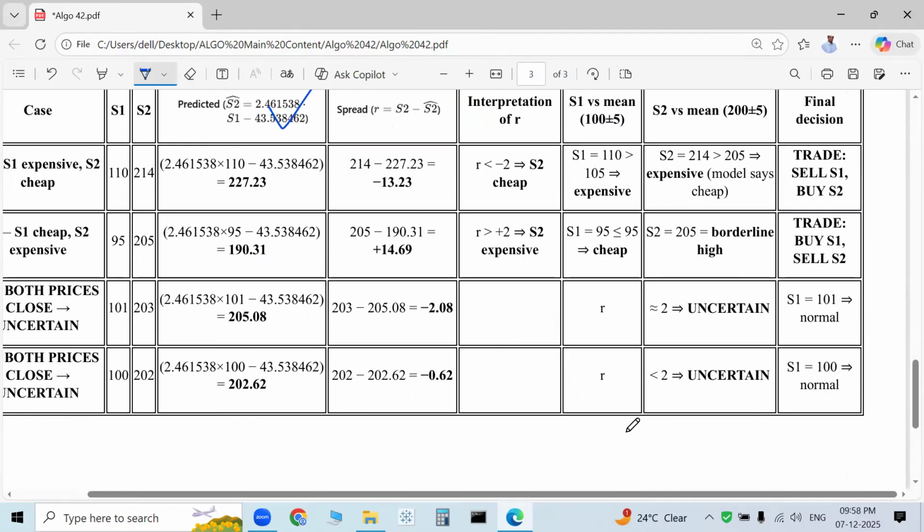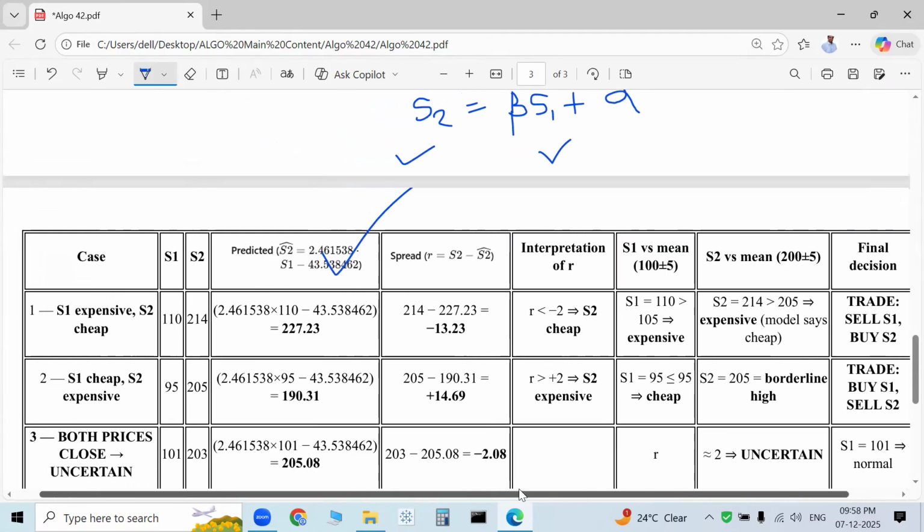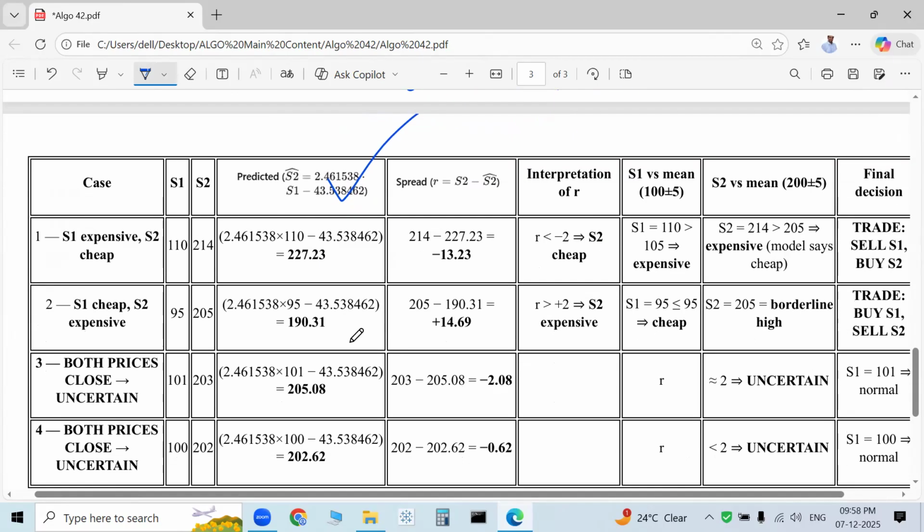This equation we are going to copy here. And now what happens? See here. S1 has become expensive and S2 is cheap compared to the previous value. Consider S1 is moving on the upside and S2 is still on the same line. It's not moving. So first we will calculate what should be S2 when S1 goes up.